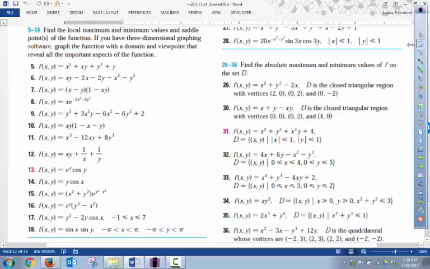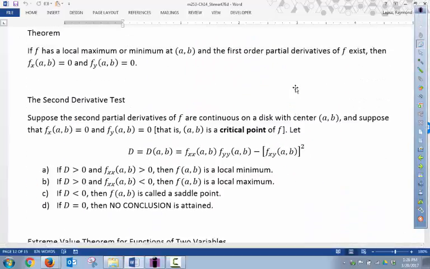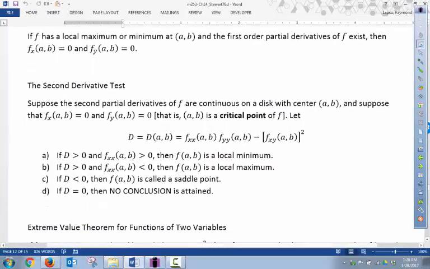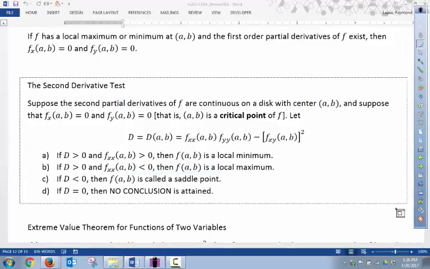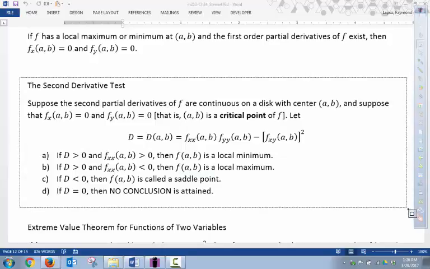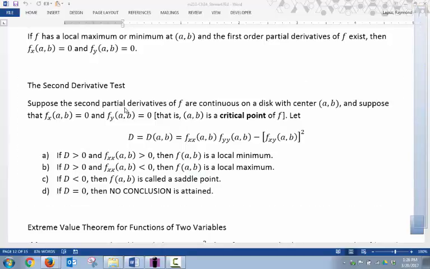All right. Let's do the second derivative test. So let me just copy the statement of the second derivative test. This isn't exactly what they have in the book.